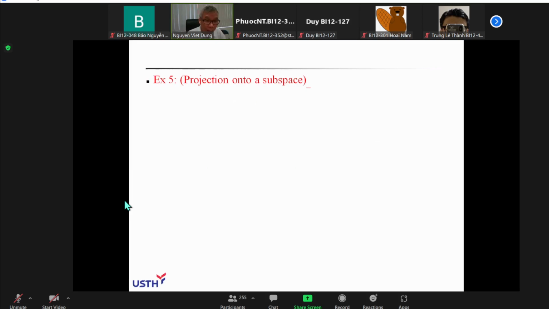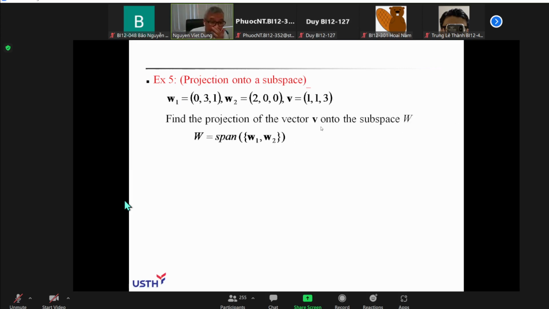Here is an example for you to see. Suppose that you are given W1 and W2 like that, and V is a vector with coordinates like that one. You need to find the projection of vector V on the subspace W spanned by W1 and W2. How can you do it?